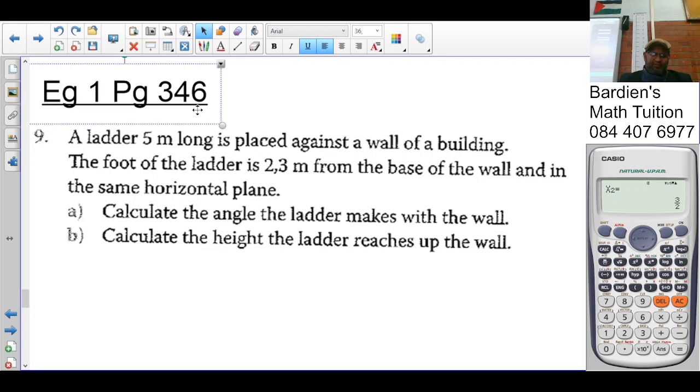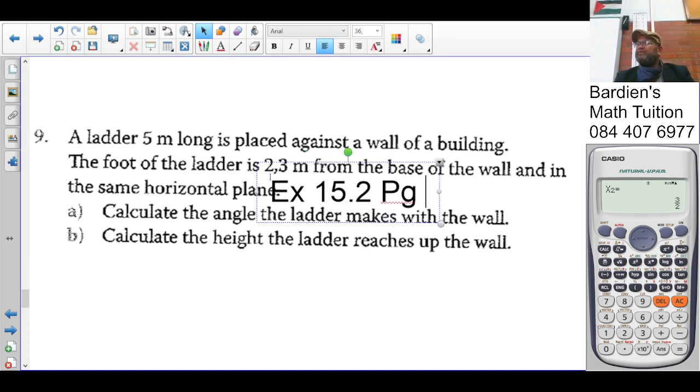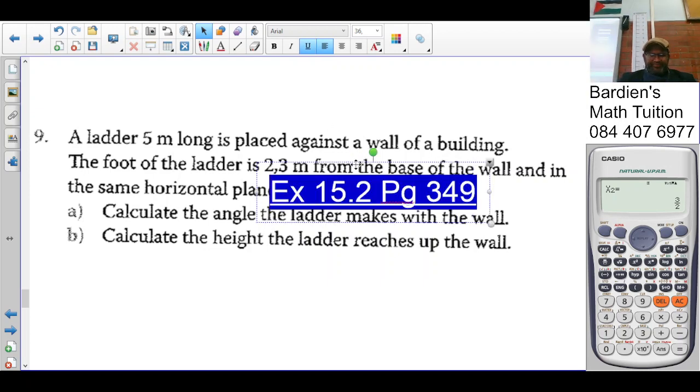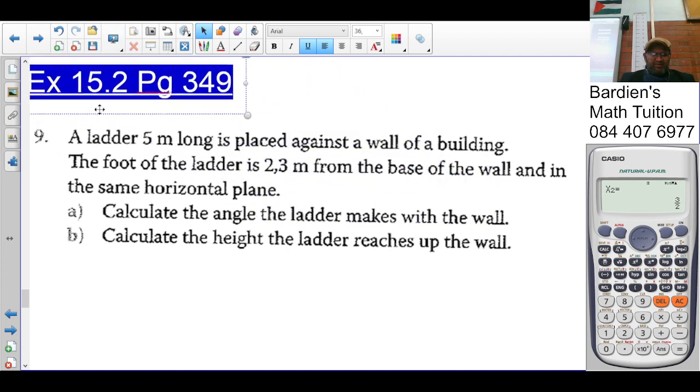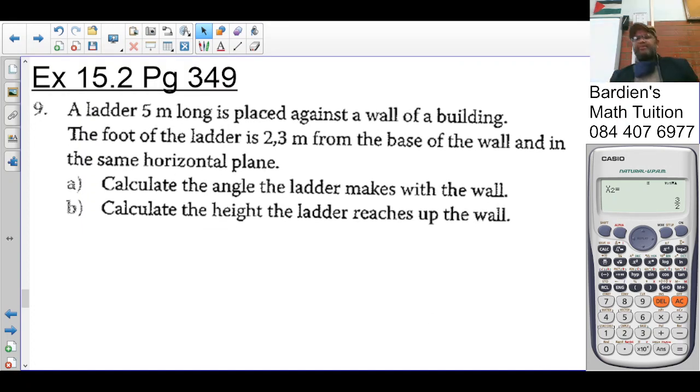Exercise 15.2. So on page 349. Number 9, out of exercise 15.2 on page 349. That's where we're at.